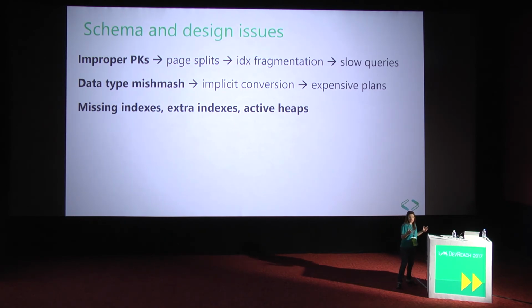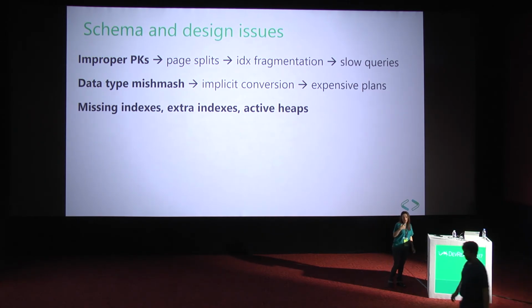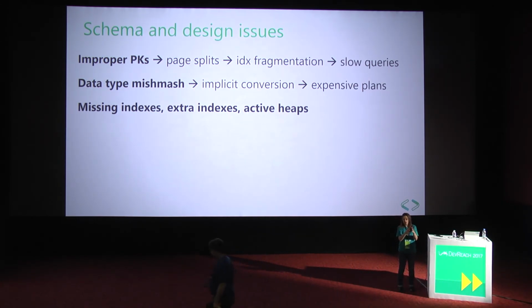In that case, you will have an insert that will need to go to a particular page, not to the end of the structure. In that case, going to a particular page when a page is full means that SQL Server needs to perform a page split operation, which will be very expensive compared to a regular insert at the end of the structure.